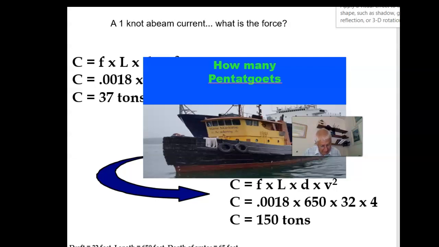I'll do the math for you. 150 divided by 18, that is 8.3 Pentagoets. Well, you can't have a third of a Pentagoet, so we'll call it 9 Pentagoets.